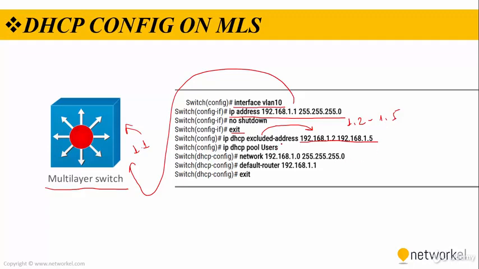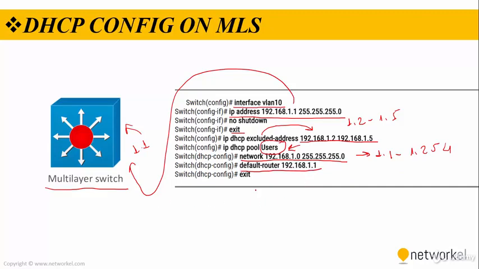Then I'm defining a DHCP pool. The name of my pool is users for this example. And I'm defining an IP address range which covers between 1.1 and 1.254, and I'm defining a default gateway for this pool.